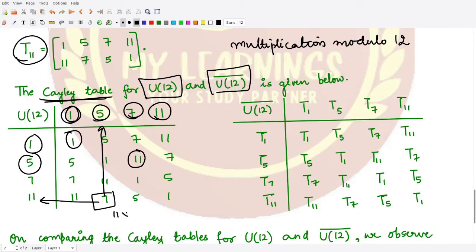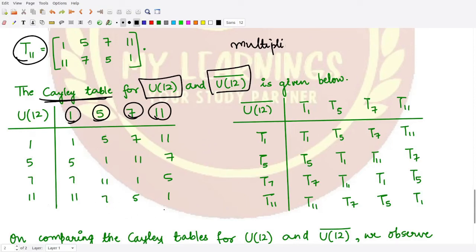So basically we are doing 11 into 5, which is 55, and taking 55 mod 12. When you divide 55 by 12, you have 7 as the remainder, because you have 48 here and 7 is the remainder. So the answer is 7, and therefore we wrote 7 here. In a similar manner you can complete this Cayley table.